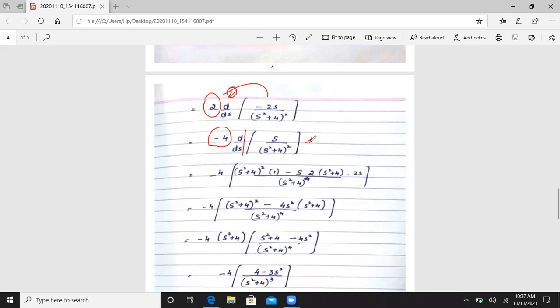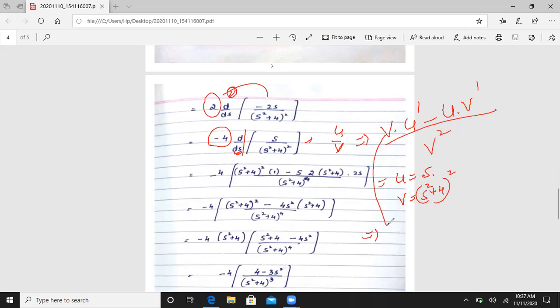Here you will use the u by v formula, because it is with respect to s. The u by v formula is v as it is into differentiation of u, minus u as it is into differentiation of v, divided by v square. Here your u value is s and v value is s square plus 4 whole square. So we write first v as it is, that is s square plus 4 whole square, into the differentiation of u, which is differentiation of s, that is 1, minus u as it is into the differentiation of v.